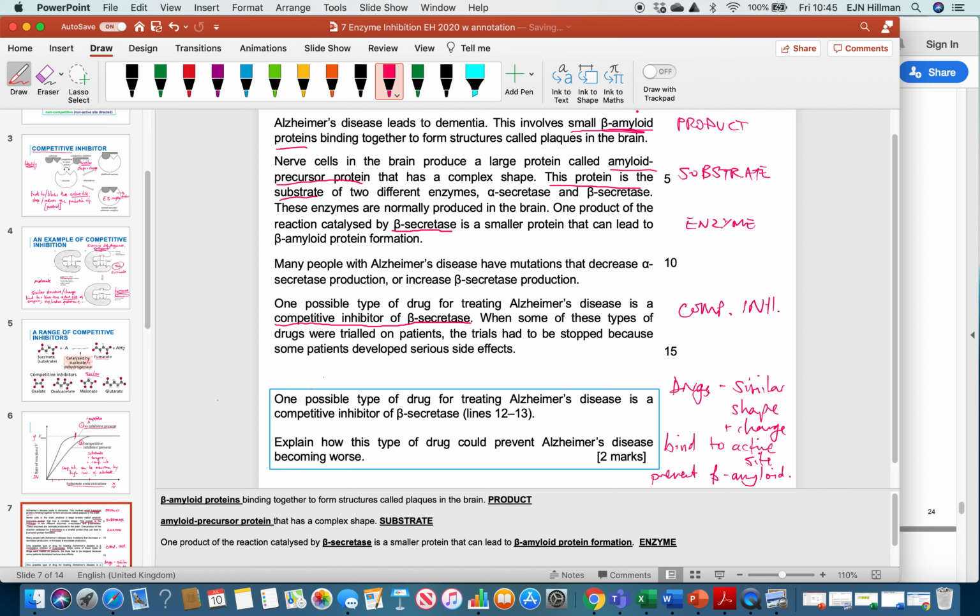Okay, so if you saw competitive inhibitor and you'd read through all of this, you could have almost predicted what the question was that was going to come up. And this is why it's really important to try and extract information from these extended reading or comprehension type questions.